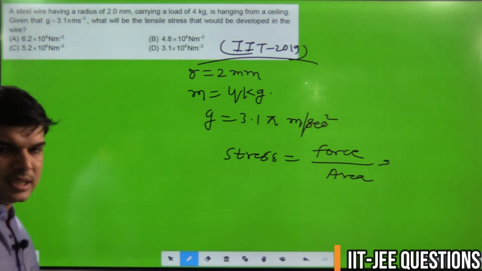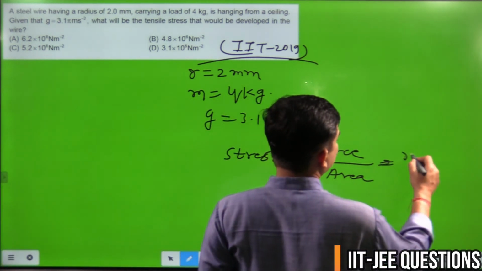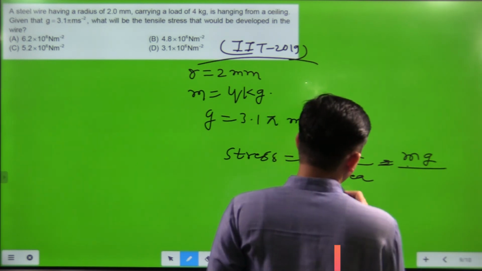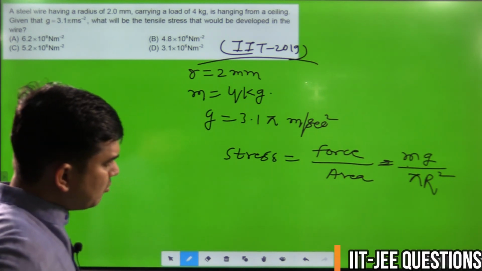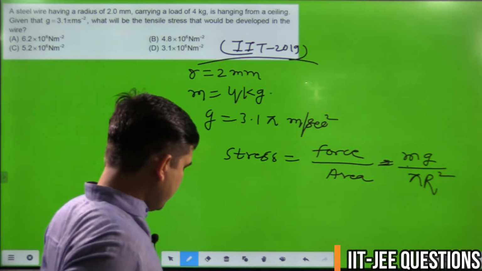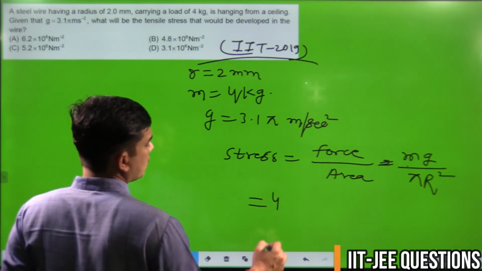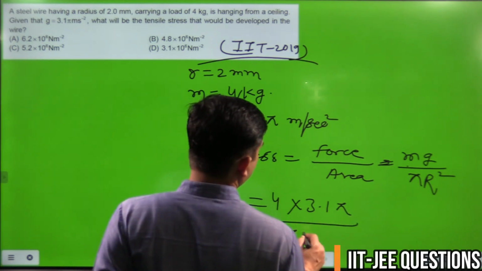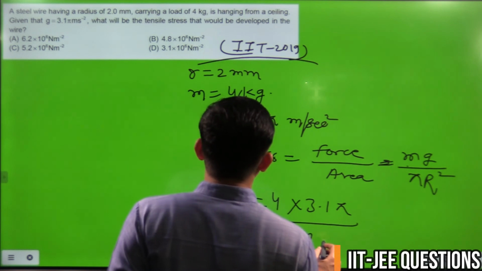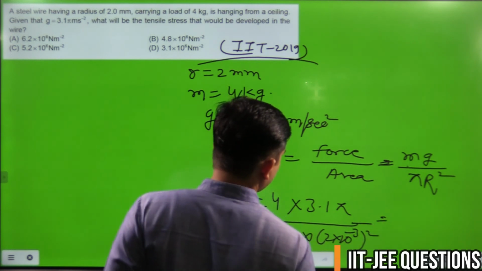Now let's calculate the tensile force. Very simple. The tensile force is equivalent to the weight, that is mg, and the area is pi r square. Now put the value of mg and r square in this equation, and we will get the tensile stress of the wire. m is 4, g is 3.1 pi, r is 2 into 10 to the power minus 3, squared. Let's calculate it.